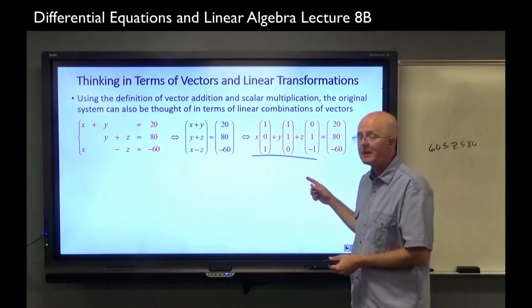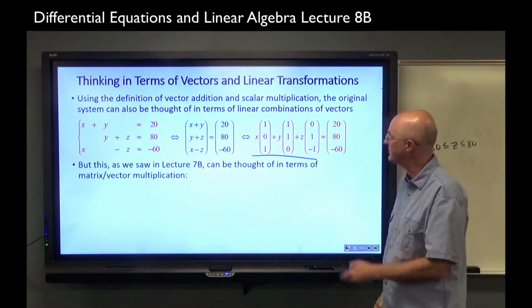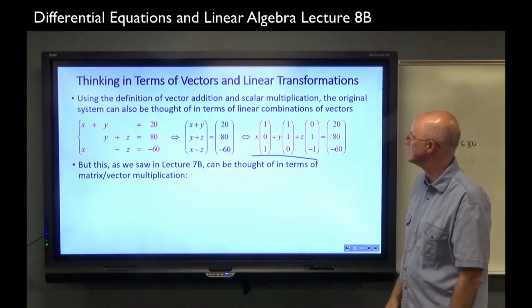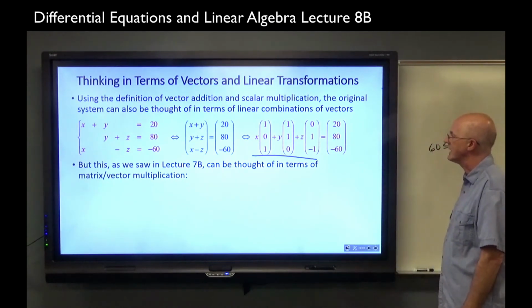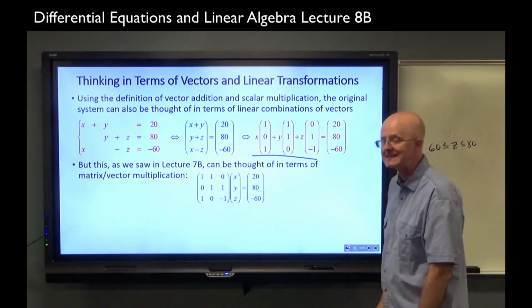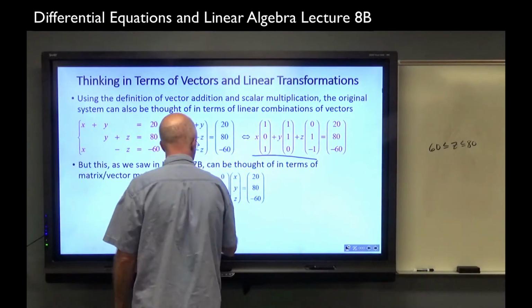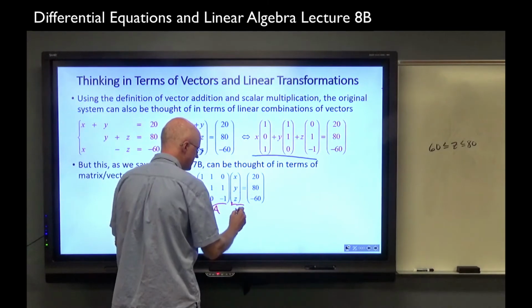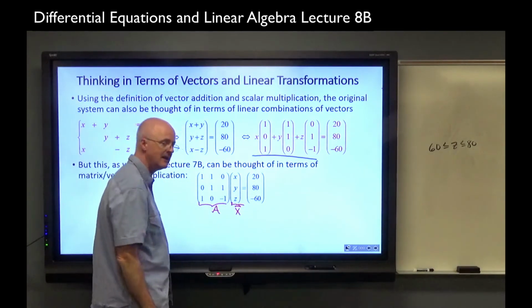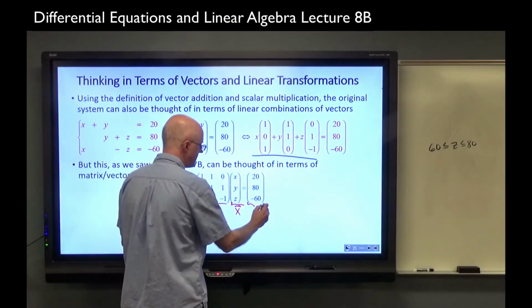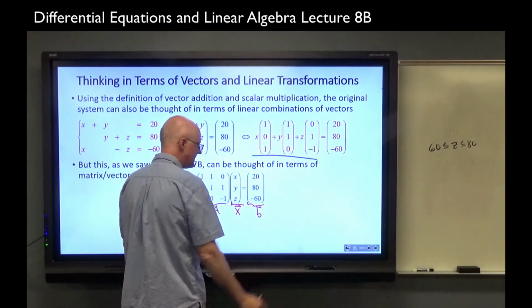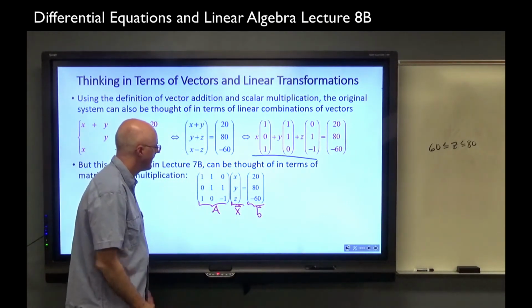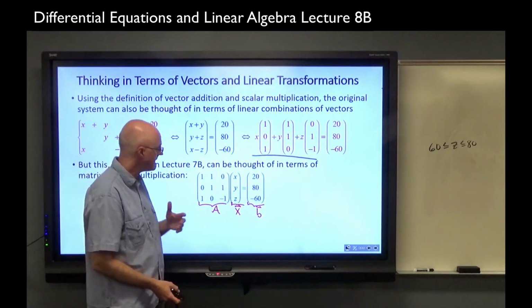But being a linear combination like this, I can relate it to matrix multiplication. As we saw in lecture 7b, this can be thought of in terms of matrix vector multiplication like this, where this matrix, let's call it capital A, and we could call this vector boldface x, and we could give this vector a name as well, B. What did we talk about in 7b?